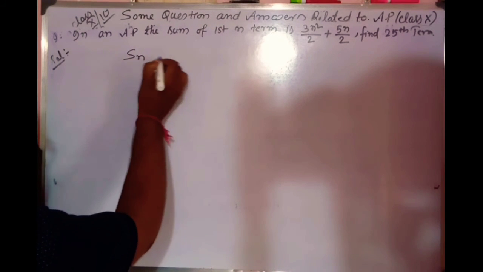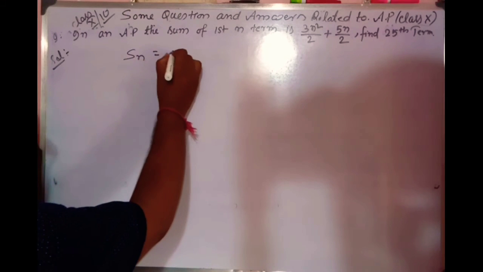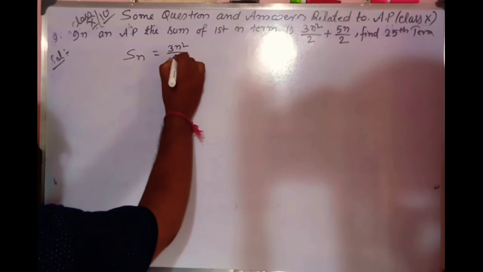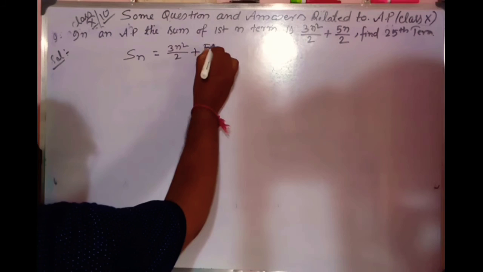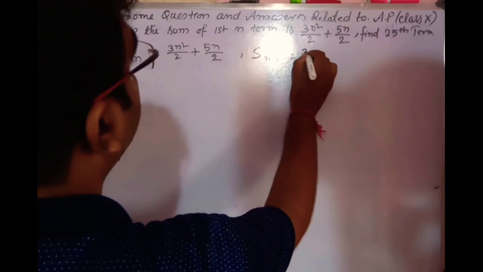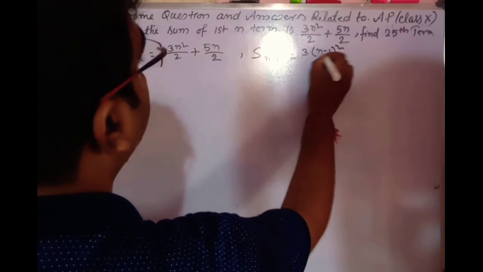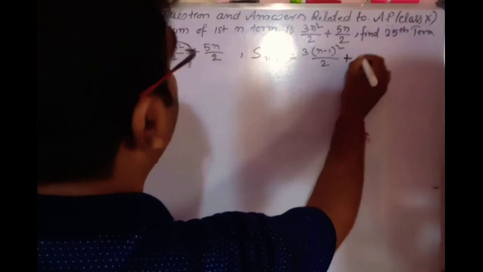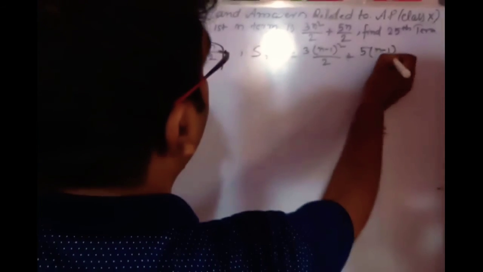Next comes the solution. Sn is equal to 3n square by 2 plus 5n by 2. This is Sn. So obviously Sn minus 1 is equal to 3 into n minus 1 square by 2 plus 5 into n minus 1 by 2.